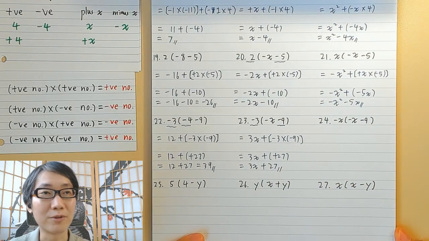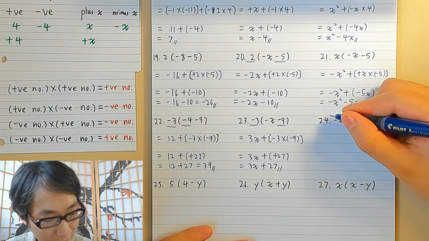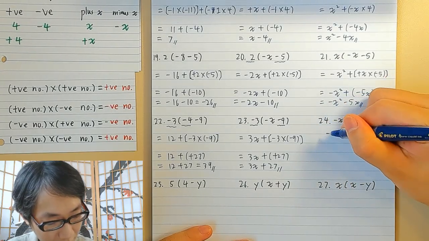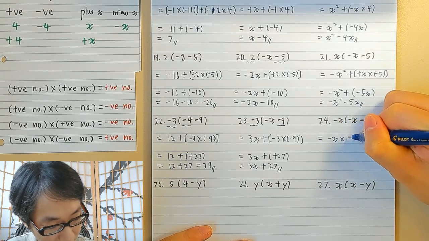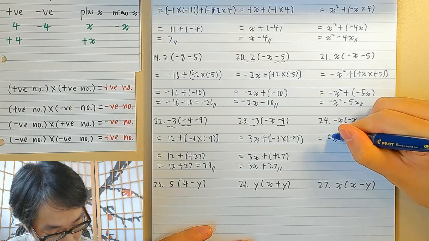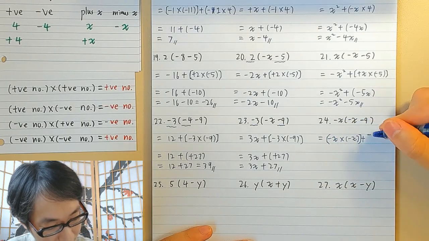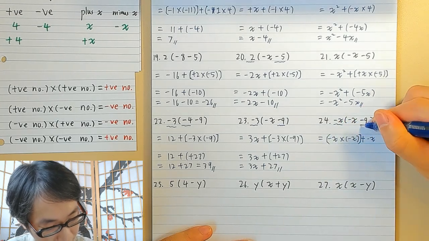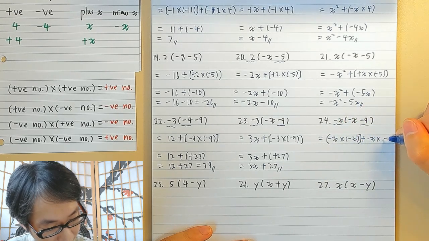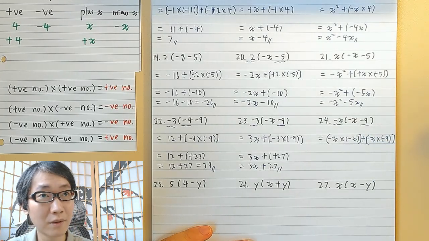Number 24. Minus x times minus x. So let's show everything. Minus x times minus x for the first term, and the second term minus x times negative 9. Okay.